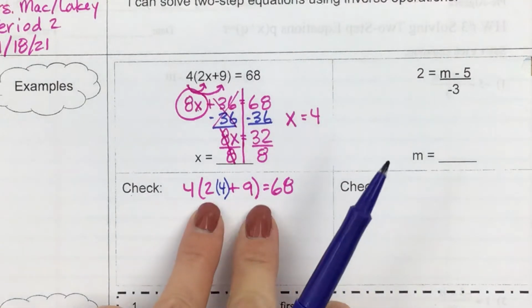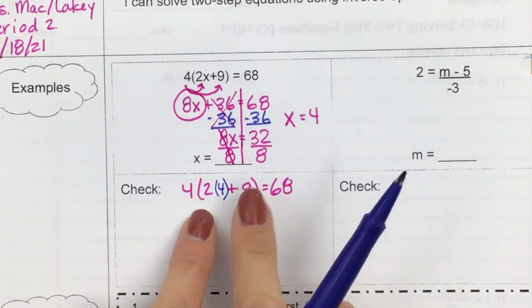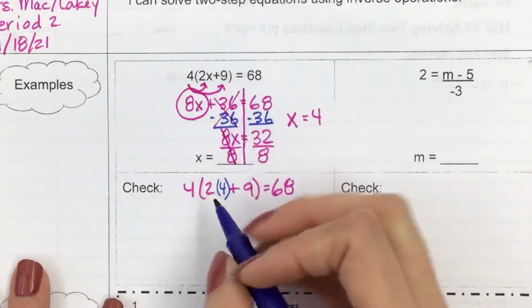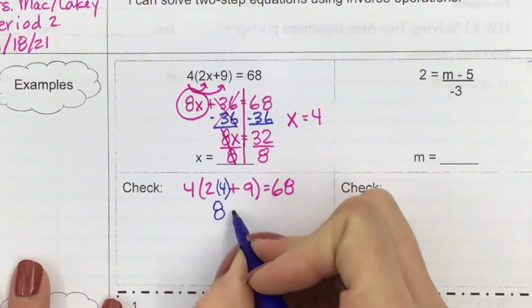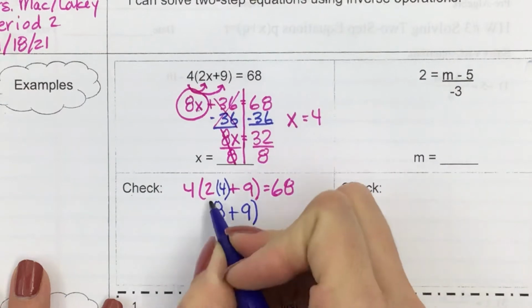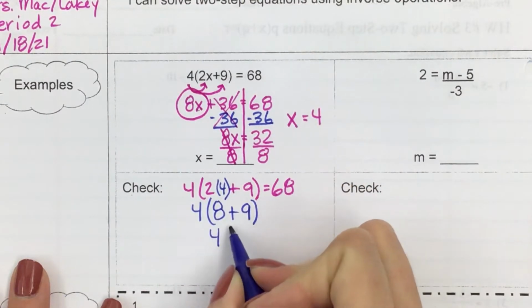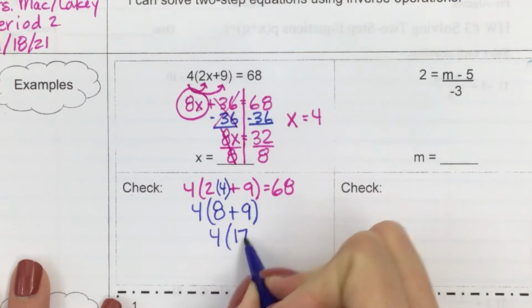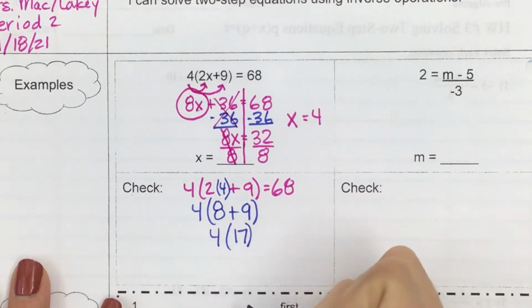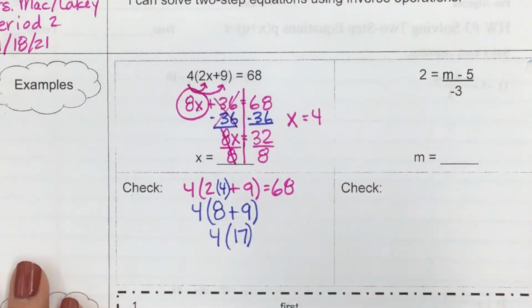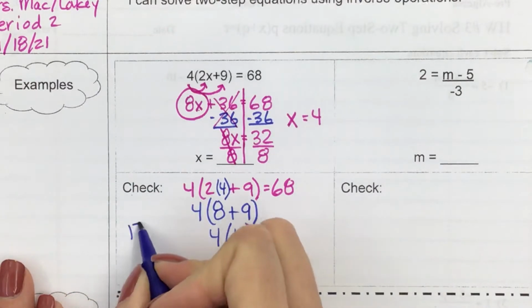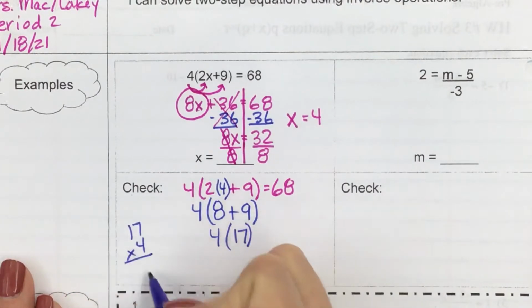So there's grouping, and inside the grouping there's multiplication and addition. So I'm going to multiply first. Then I'm going to add. And then I'm going to multiply again. And you might not know what 17 times 4 is off the top of your head, so I'm going to multiply it over here in the margin.